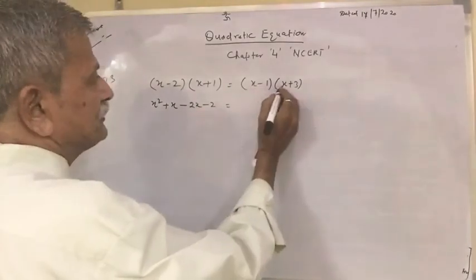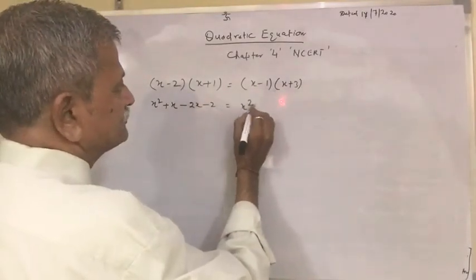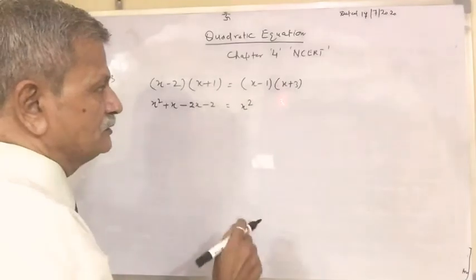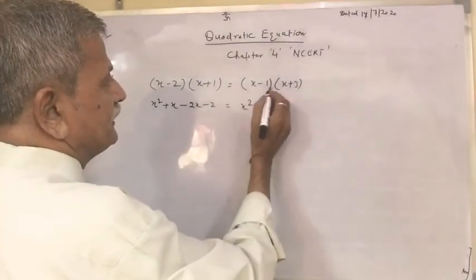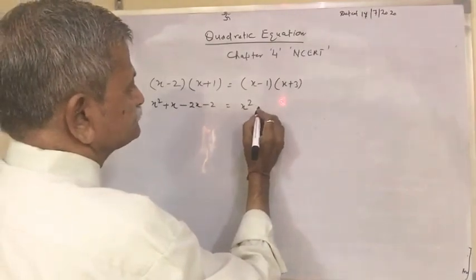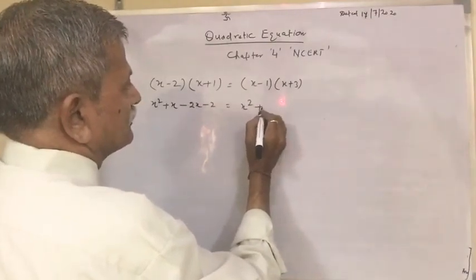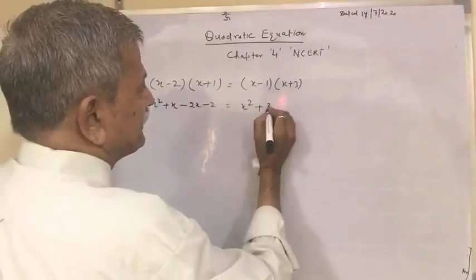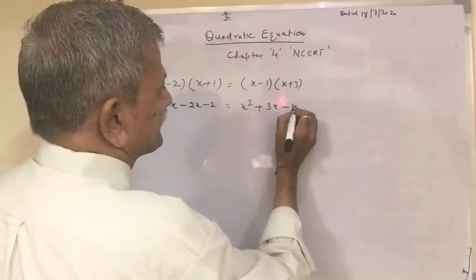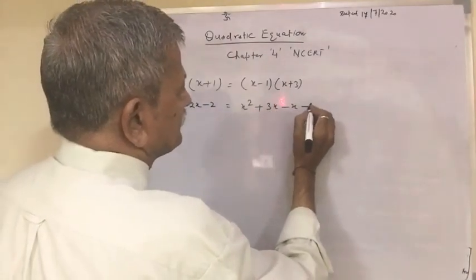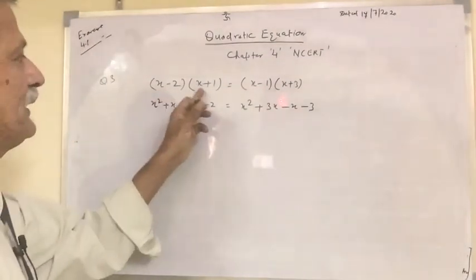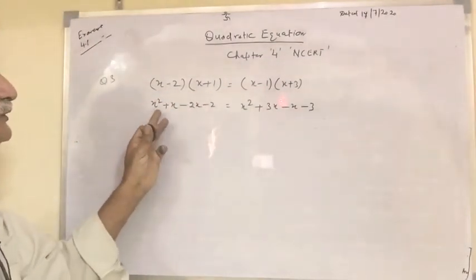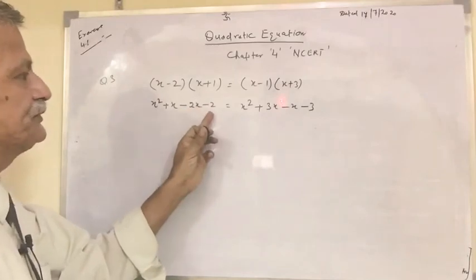Now x into x, x square, then x into 3, 3x, then minus x, then minus 3. Now multiplying both, you would find x square plus x minus 2x minus 2.